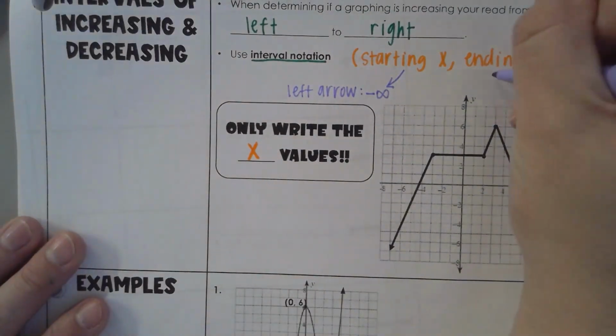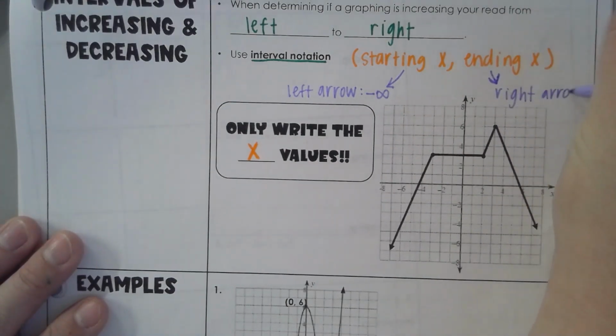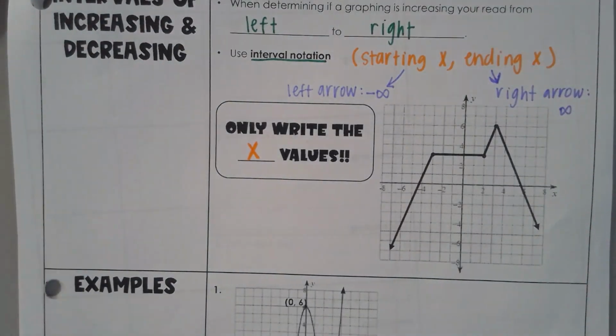If I end on an arrow, so I have a right arrow, we put just regular infinity, positive infinity, because you really cannot find the true ending spot because it goes forever.